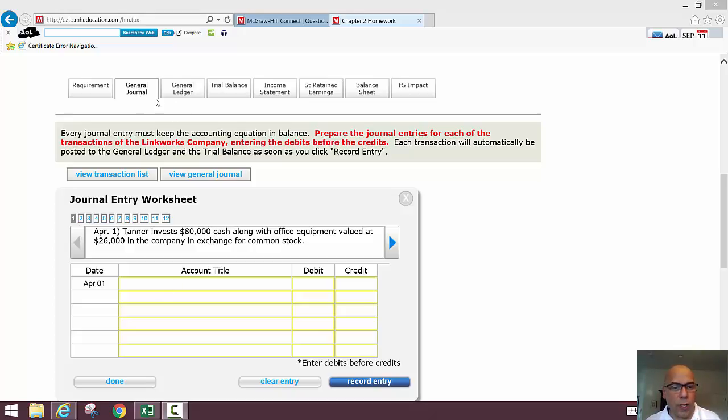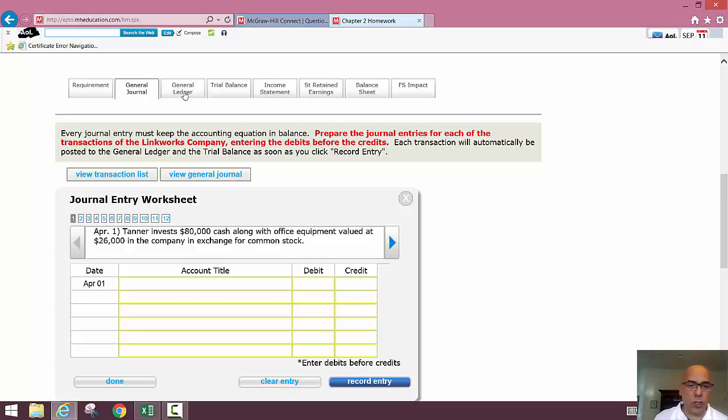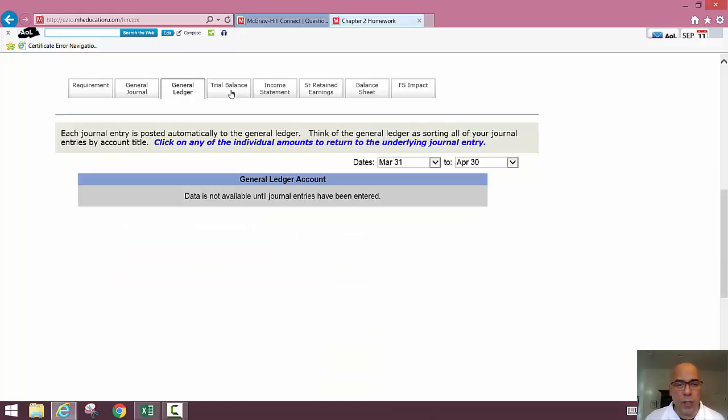So we're in the journal right now, and then as we record those entries, they will be posted to the general ledger. They get posted to a trial balance. We don't worry too much about trial balance here. This would be if we had made a mistake where the debits didn't equal the credits. But if this was real general ledger software, it won't let you record an entry where the debits don't equal the credits.